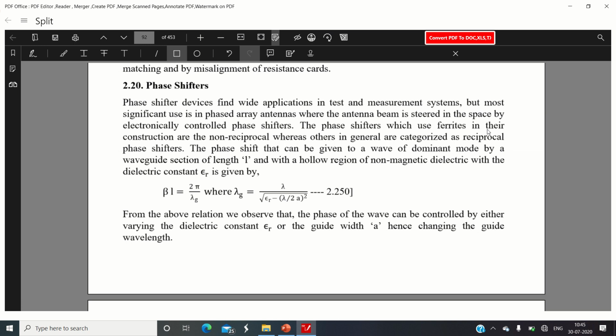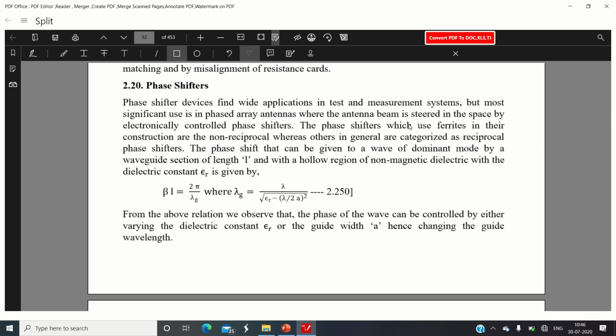But mostly, if you recall the phased array antenna system, we make use of an array of antennas. The antennas are multiple, and if we need to adjust the phase of these antennas individually, then we require a phase shifter circuit. So phase shifter circuits are primarily used in phased array antennas.